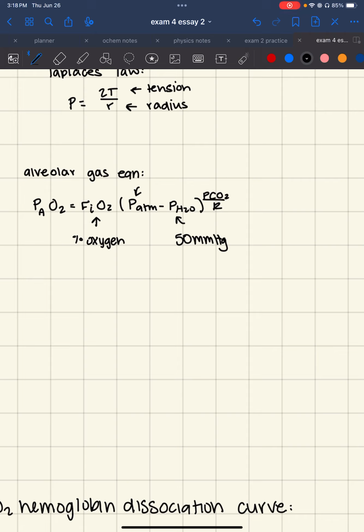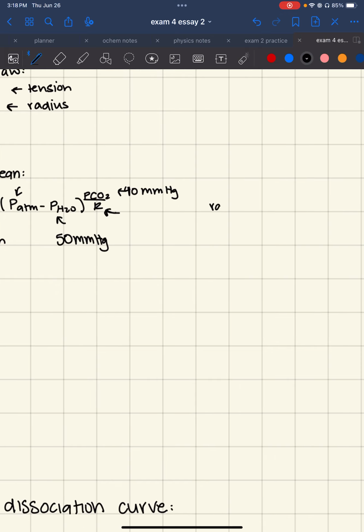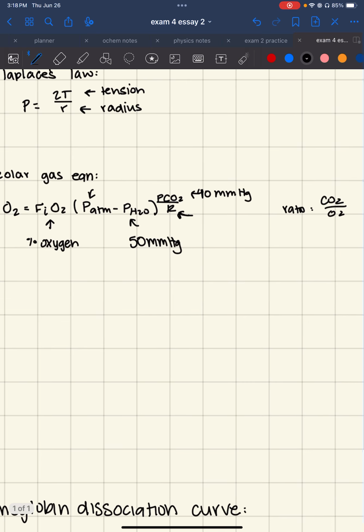PCO2, we know the normal PCO2 is 40 millimeters of mercury. So unless we're told otherwise, 40 millimeters of mercury is what we would assume in a normal, healthy person. And then R is actually a ratio of CO2 to O2. So basically it's a ratio of the amount of CO2 produced per O2 consumed.